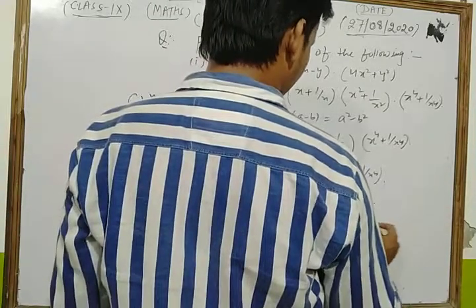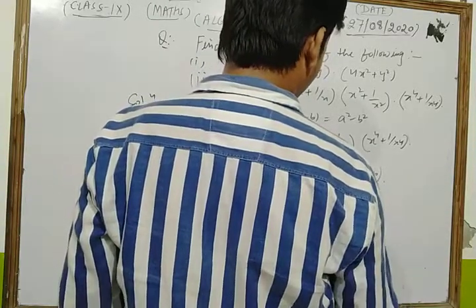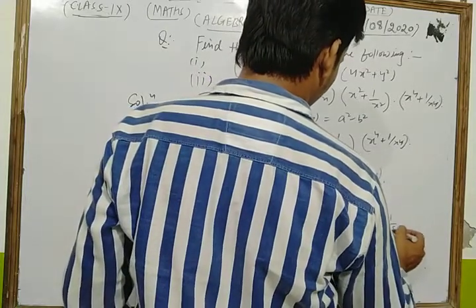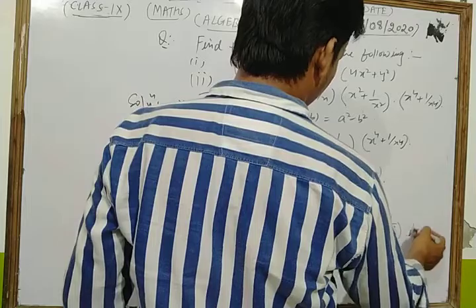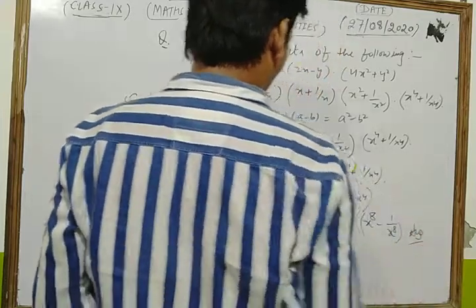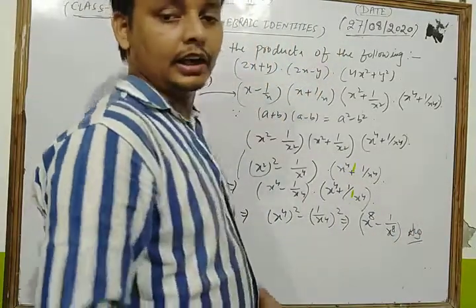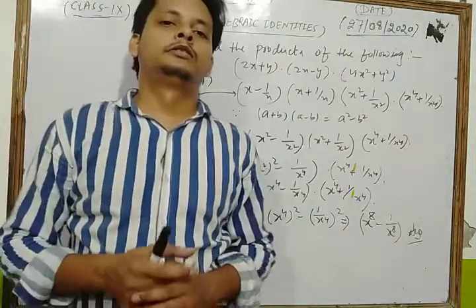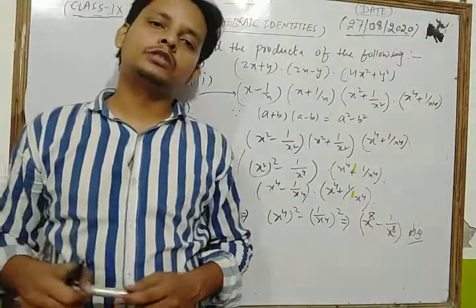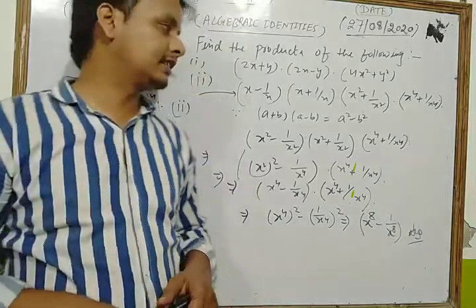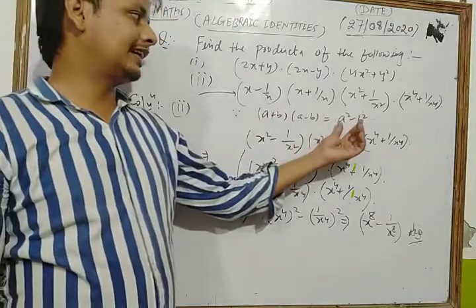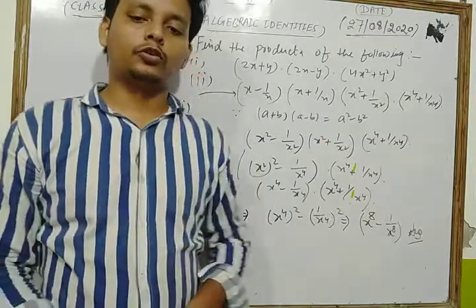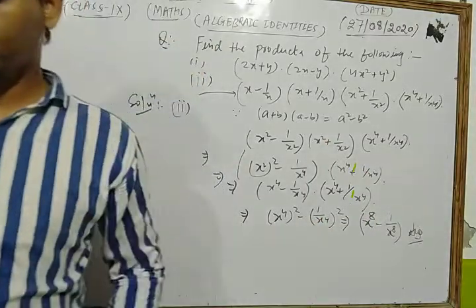So we have x⁸ − 1 upon x⁸. So dear students, this is our required answer. So dear students, you can solve each and every question of your NCERT exercise based on the identity a² − b² in this way. Okay, now clear?